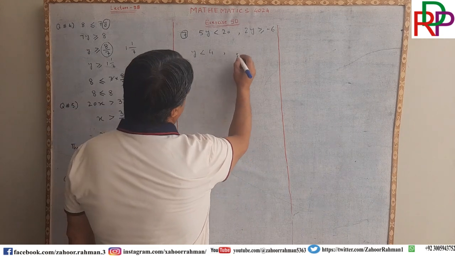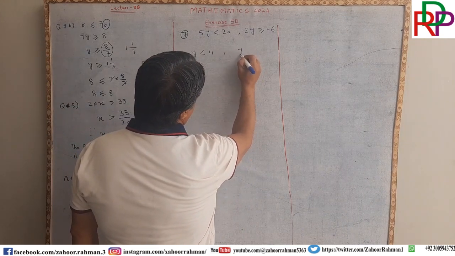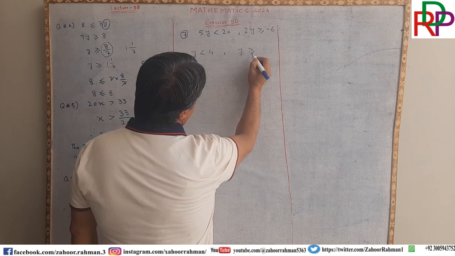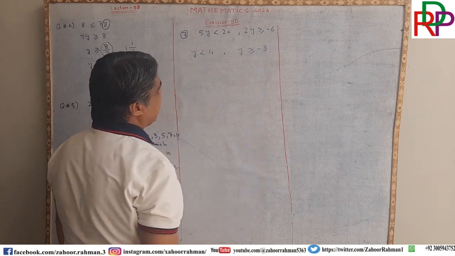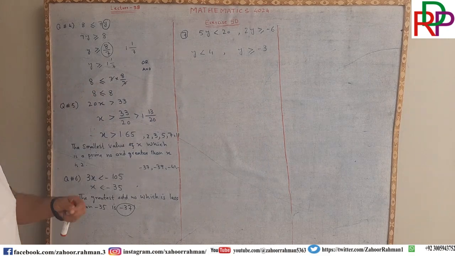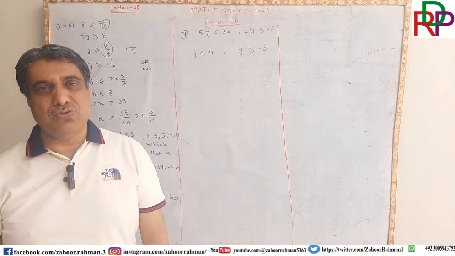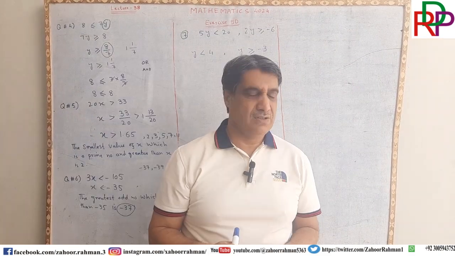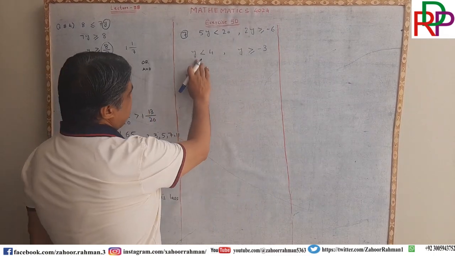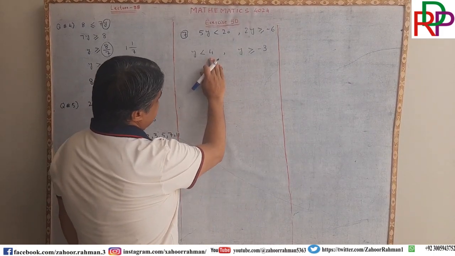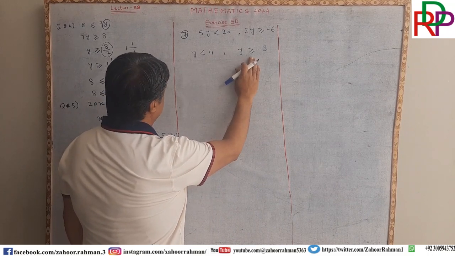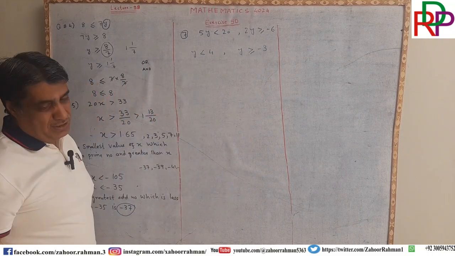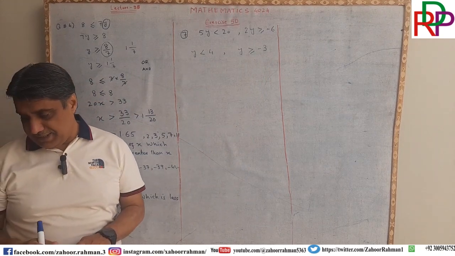The second one, dividing both sides by 2, will give you minus 3. So these two values mean that y is less than 4 and y is greater than or equal to minus 3.